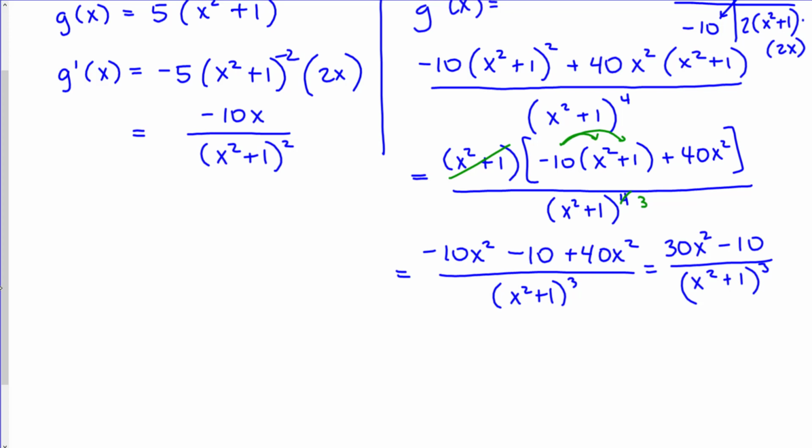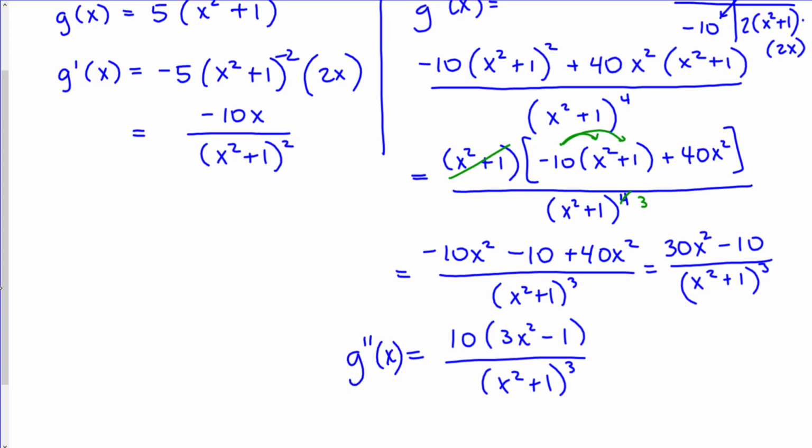And I could probably factor out that 10, and that's probably about it. So this would make it 10 times 3x squared minus 1 all over x squared plus 1 cubed. Great. Now I have my second derivative. A lot of work in finding that, but let's now figure out where things can happen here.